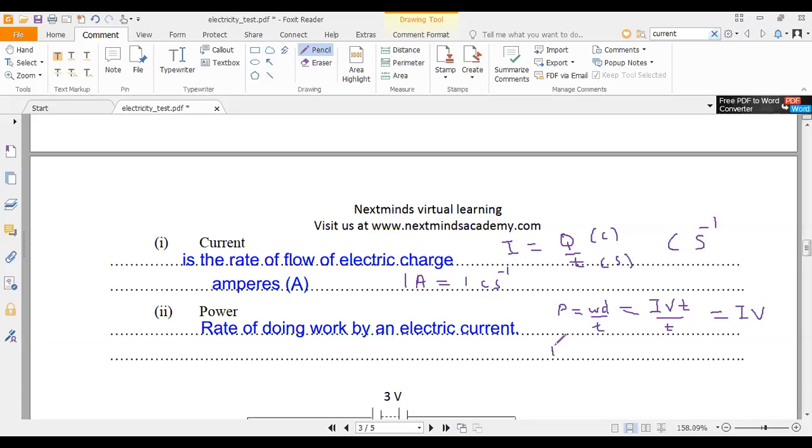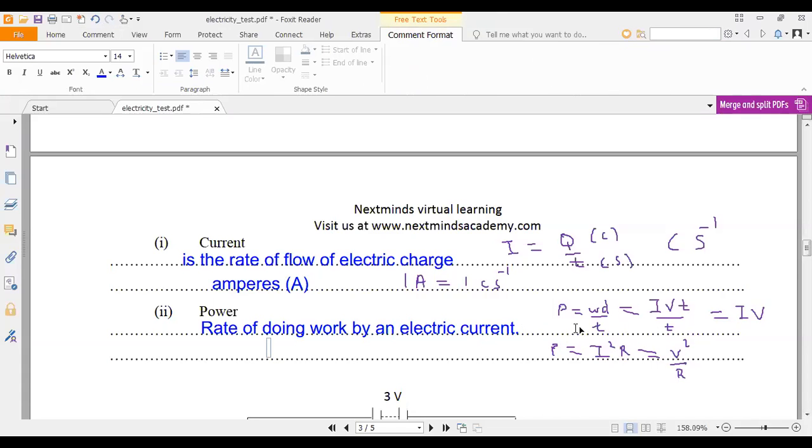Power can also be expressed as I squared R, which can also be expressed as V squared over R. All these equations can be used to calculate power. The SI unit of power is watts, and we normally use W for watts.